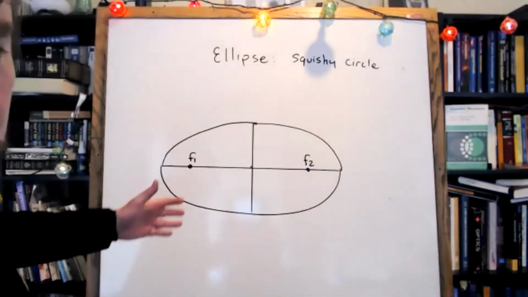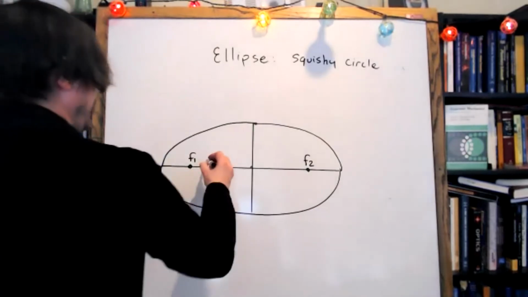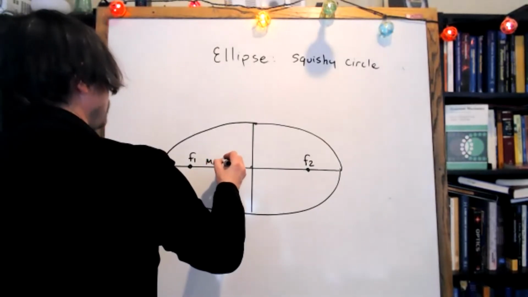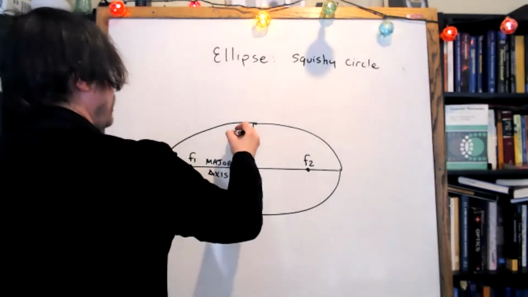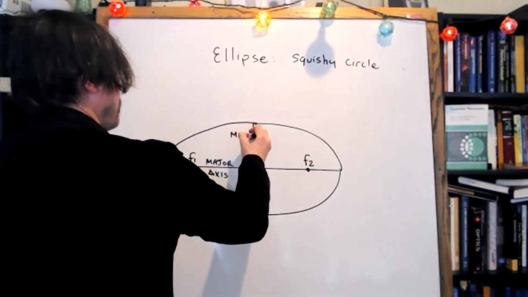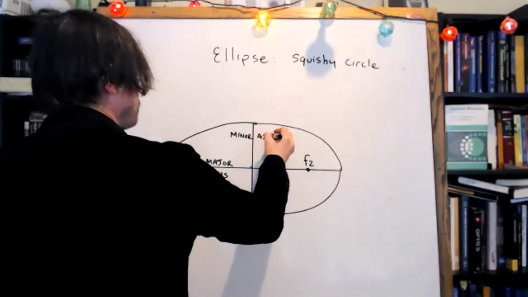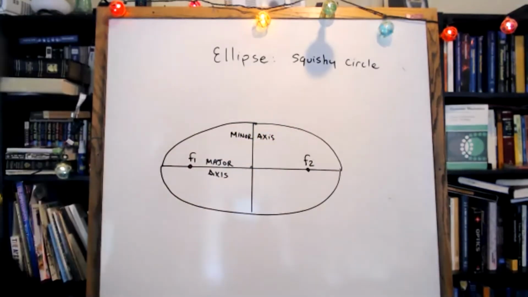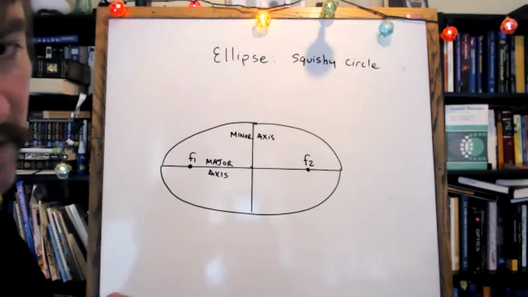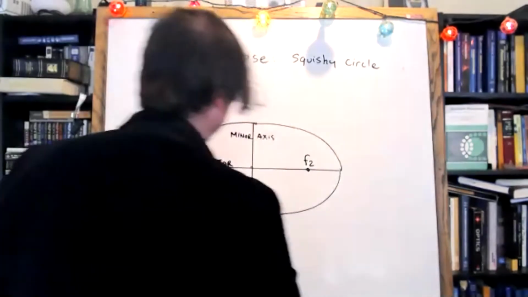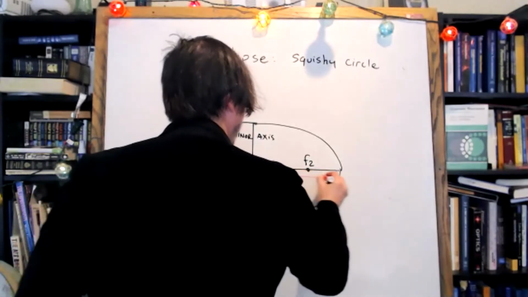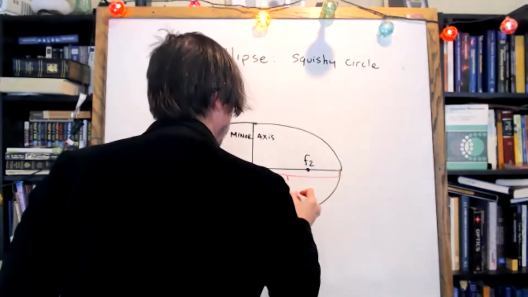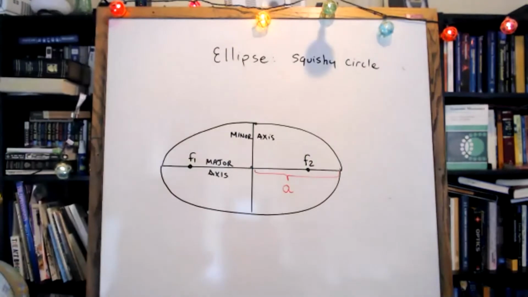All right. An ellipse has a couple of key parts to it. It has what's called a major axis. It has a minor axis. And there are a couple other parts we need to know about. This distance from the center to the very edge has a unique name.